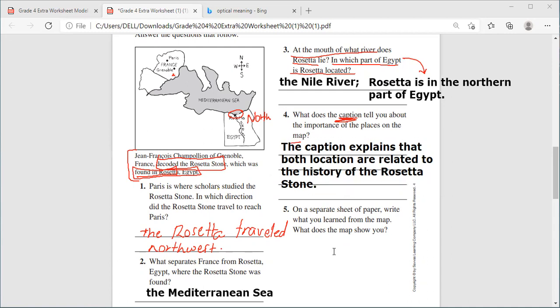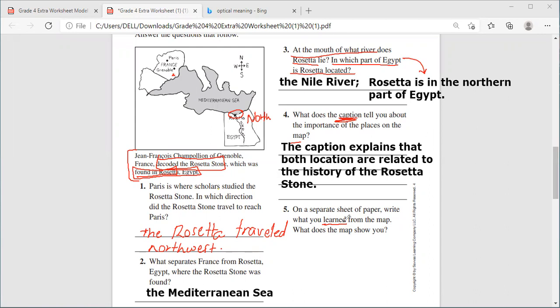Now, on a separate sheet of paper, you're asked to write what you learned from the map. As I told you before, if you want to be more specific and have an accurate answer, underline the keywords you think you have to focus on. Sorry, I was interrupting while you were reading the question.